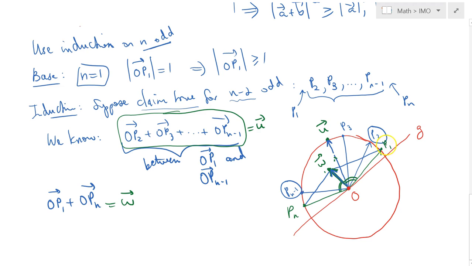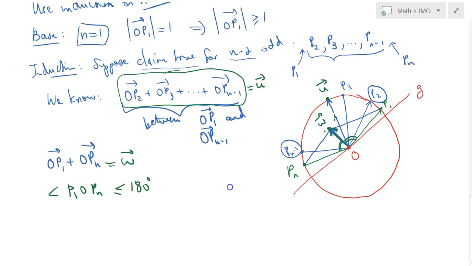But notice that angle P1OPn is less than or equal to 180 degrees because all the points are on one side of G. Even when P1 and Pn are on G on opposite ends, nothing would change. But then the angle between vector U and vector W has to be less than or equal to 90 degrees, right?